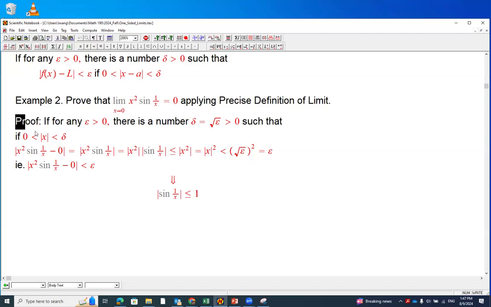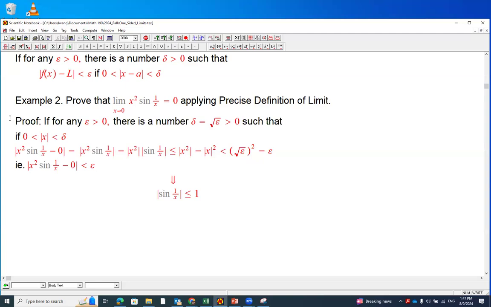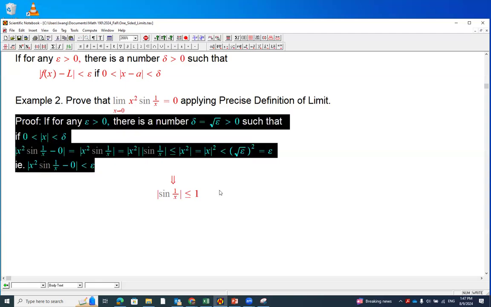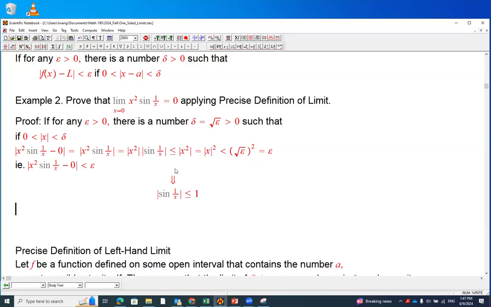So for this work, you just have to prove this part. All the work you have to show is just this much. And of course, how do I work it out? You can use a similar technique to work it out.